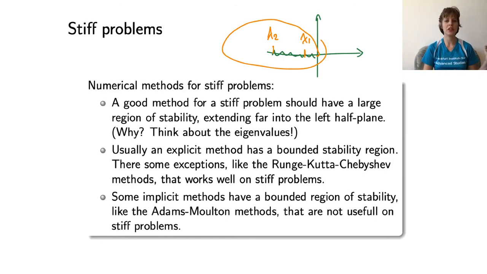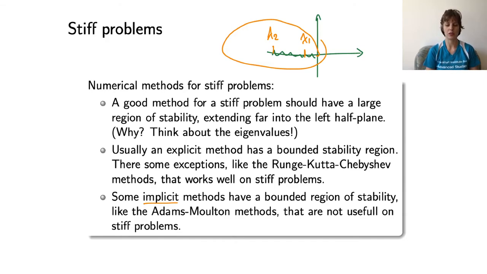So usually an explicit method has a bounded stability region. There are some exceptions, like the Runge-Kutta-Chebyshev method that works well on stiff problems. Some implicit methods also have a bounded region of stability, like Adams-Moulton, that are not useful on stiff problems.